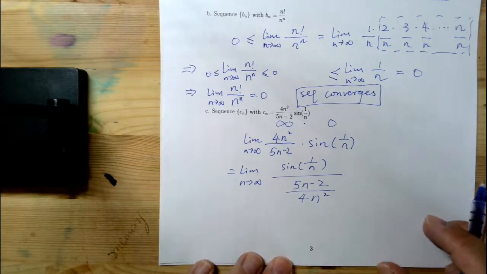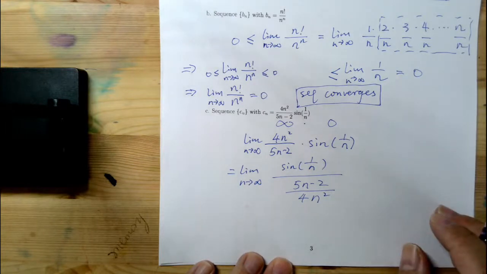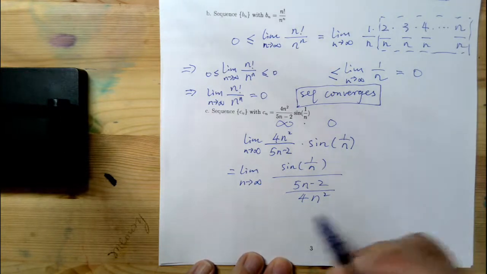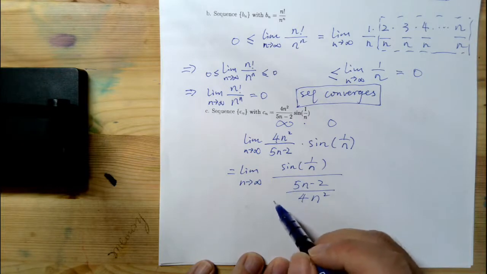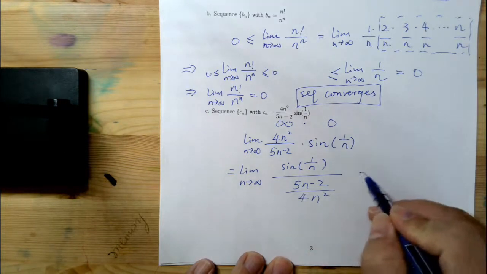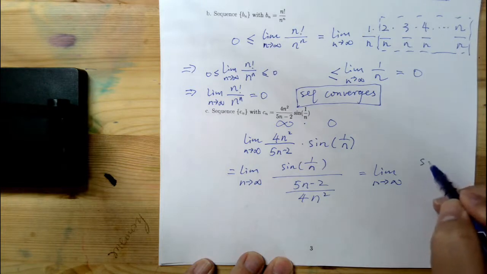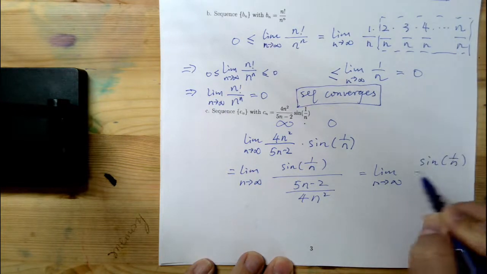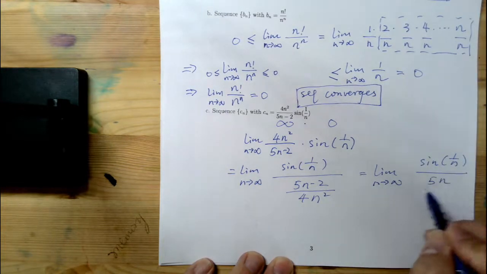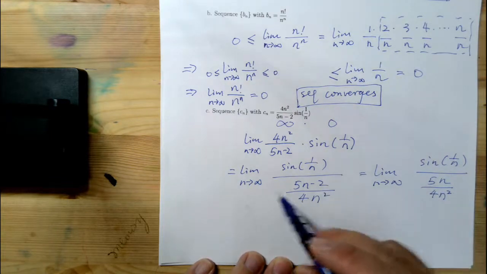Since we are focusing on n going to infinity, we can drop this minus 2, because as n goes to infinity it behaves almost the same.